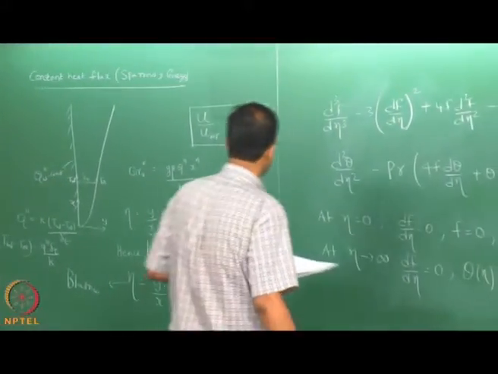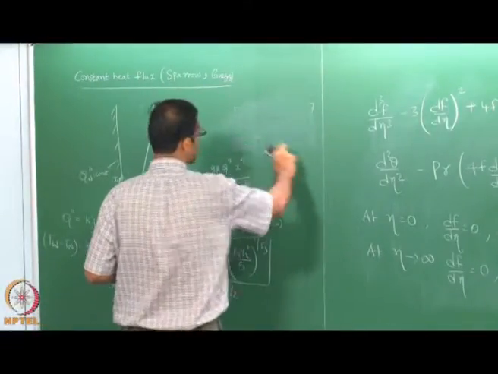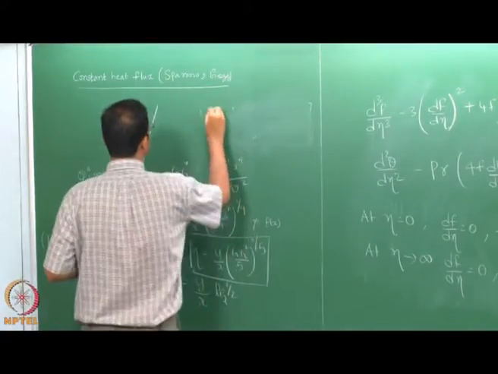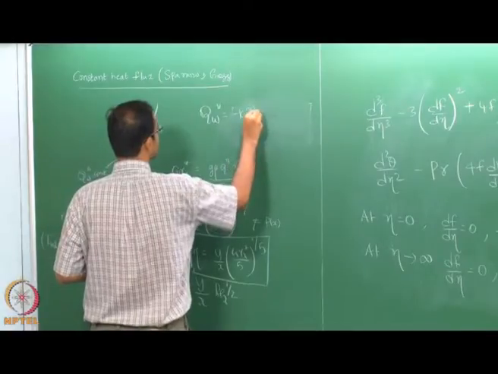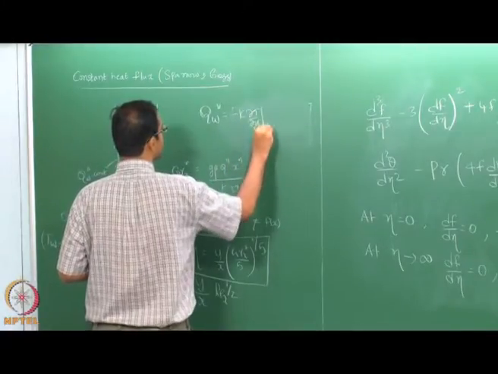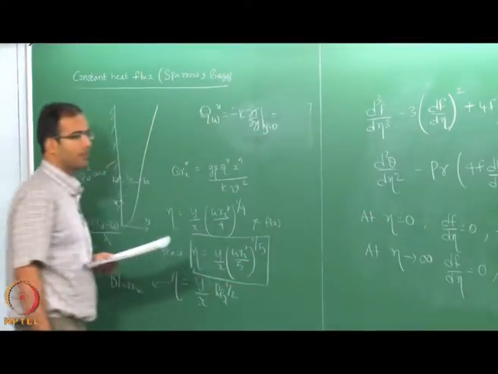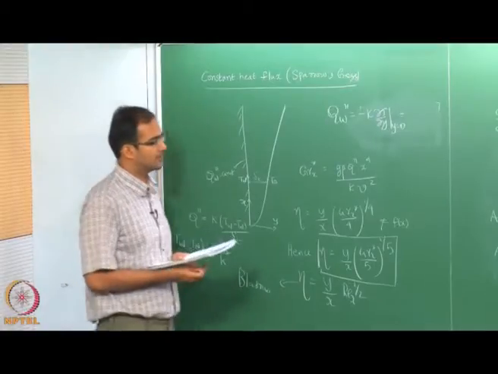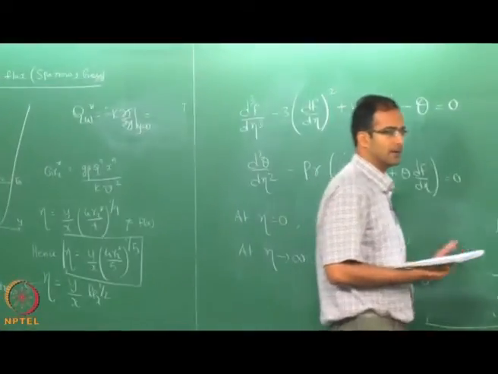So, you have to once again perform the conversion. At the wall, you know minus k dT by dy. So write this in terms of eta and theta, and therefore tell me what will be the condition for d theta by d eta at the wall.